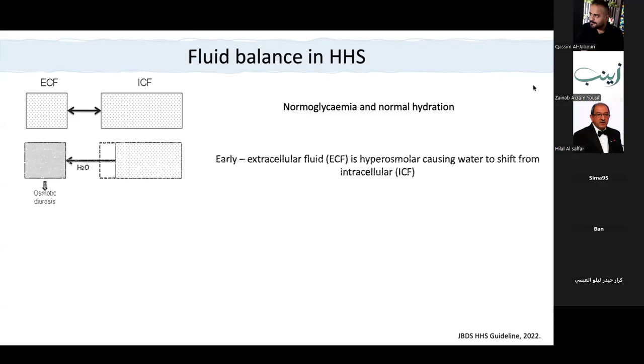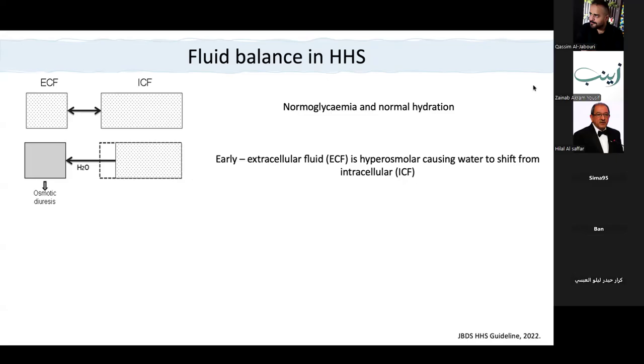When you have hyperglycemia in the extracellular space, fluid will shift from the intracellular space to the extracellular space in order to balance the osmotic equilibrium and maintain as normal an osmolality as possible.